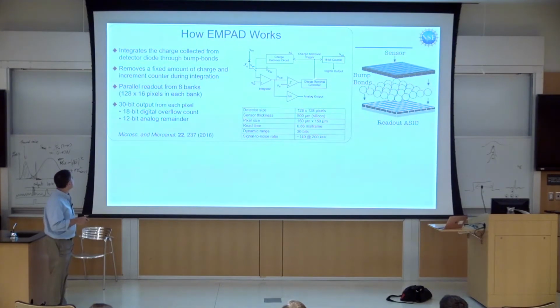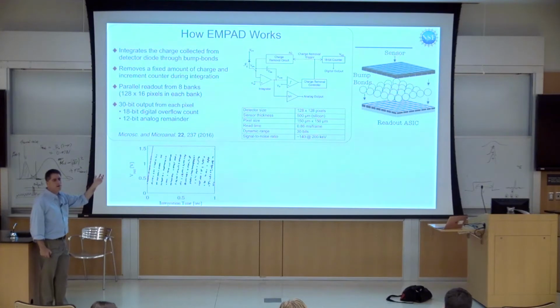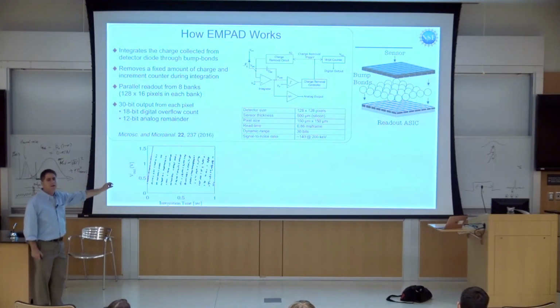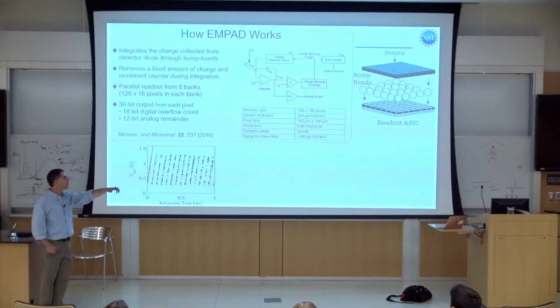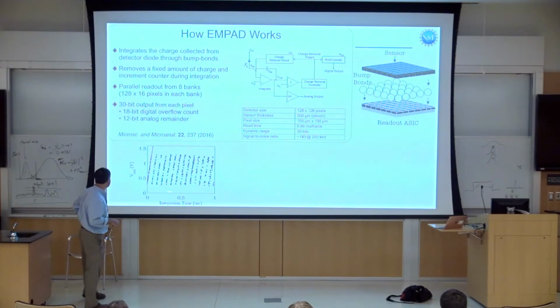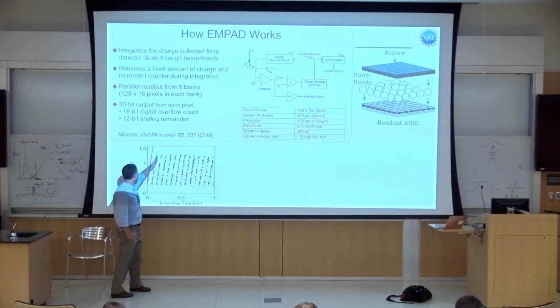And that gives us 12 bits on this remainder, 18 bits on the counter, 30-bit dynamic range. That's a huge number. We use about 9 bits for 1 electron. So the dynamic range is about 1,000,000 to 1. I can record 1 electron, I can record 1,000,000 electrons, and the counter can handle it. So here we are just slowly integrating up, and this is what we measure on the remainder.